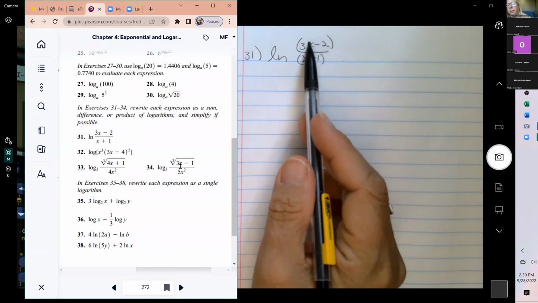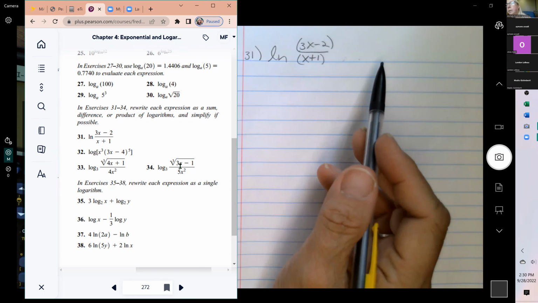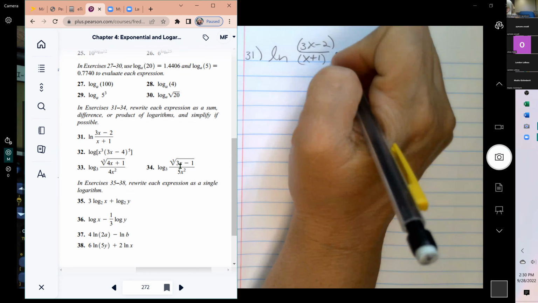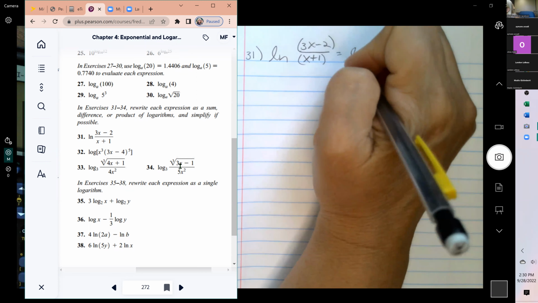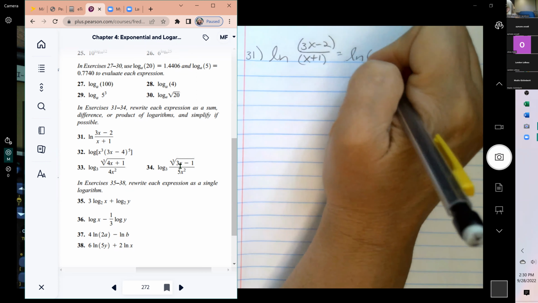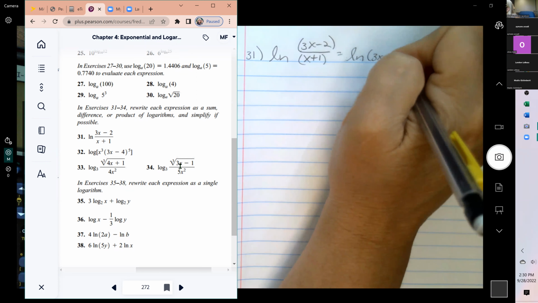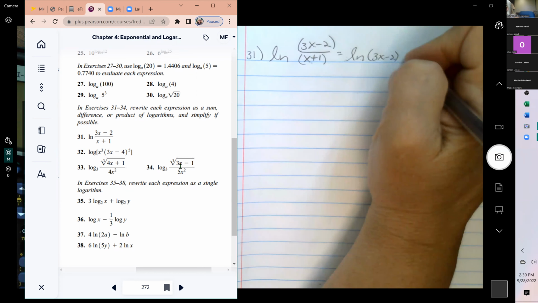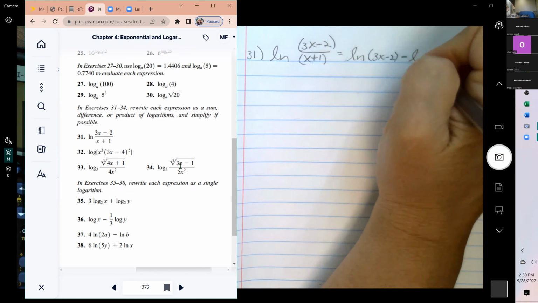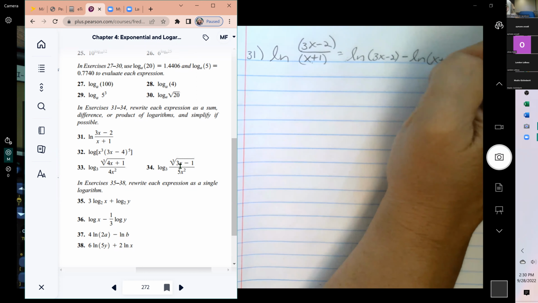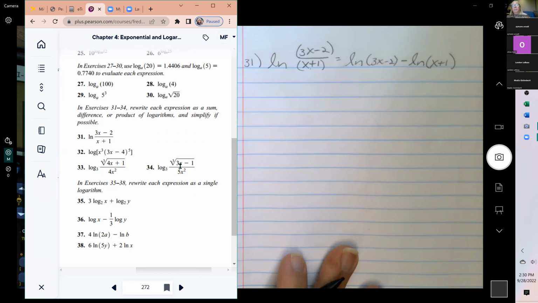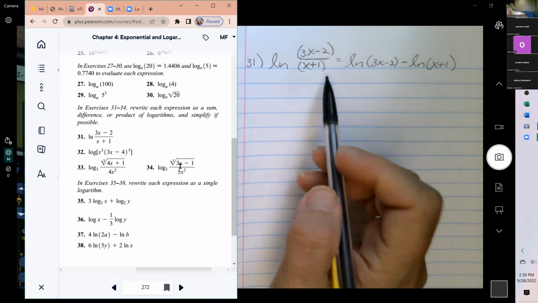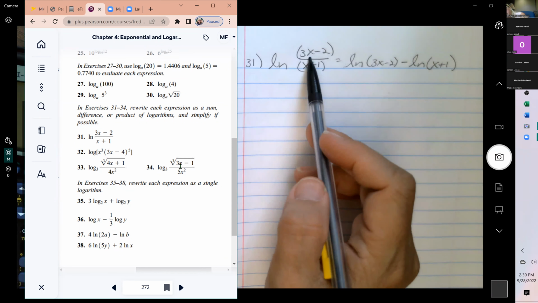You can't break the top and bottom apart. But we can write it as the natural log of 3x minus 2. And then this is in the bottom, so minus the natural log of x plus 1. But we can't break it any further because it has to be all one term to break it up.